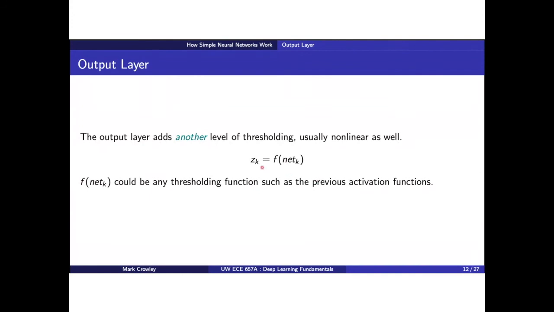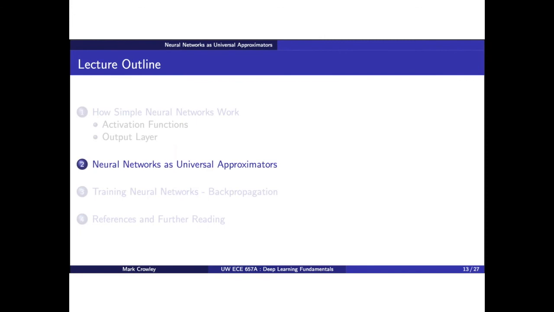You could just look at the raw numbers directly from the network, but often you want to threshold it, or if you're doing classification, you want to say, pick the highest number, and maybe that's the one we'll use. Or maybe you want a probability, and so you push it through a logistic function, and you get a probability output. There are lots of different ways to do that, but those are all the components.